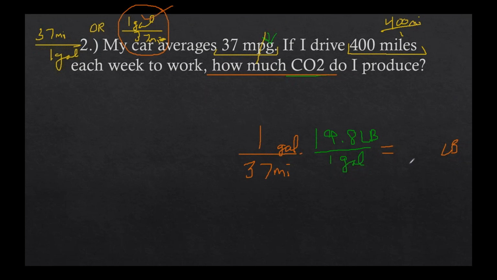Well, while that's beautiful and all and gets rid of my gallons, now it has miles in the denominator, and that's not what I want. So I've got one extra step because I need to get rid of the miles, right? So 400 miles goes in the numerator, and that step causes my miles to go away, and now I'm ready to do my math. So I've got 400 divided by 37 times 19.8, which yields how many pounds of CO2?